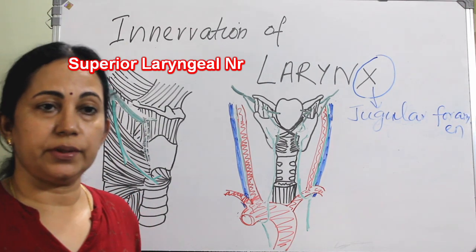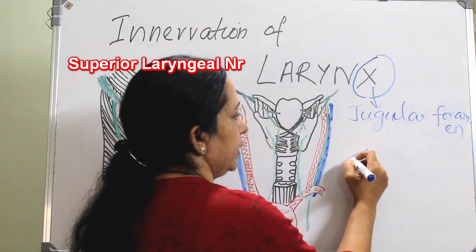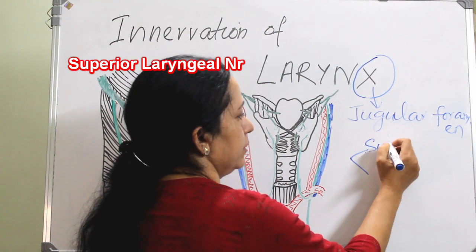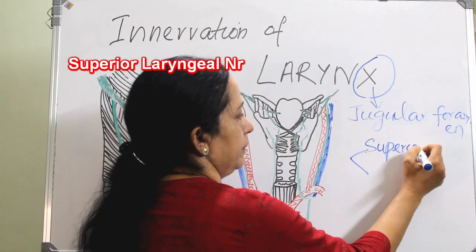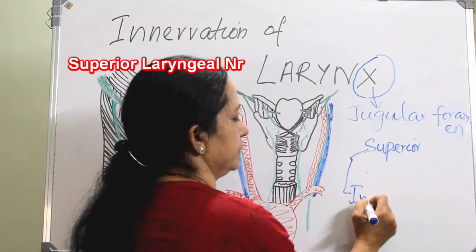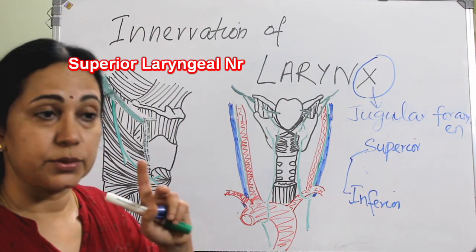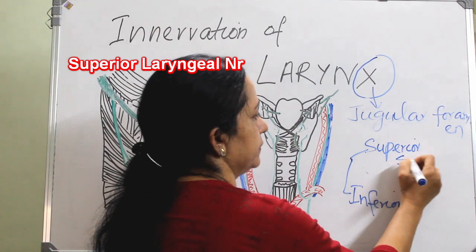and at the exit of the jugular foramen there are two ganglia. One is superior ganglion and another one is an inferior ganglion, but the superior ganglion is smaller.